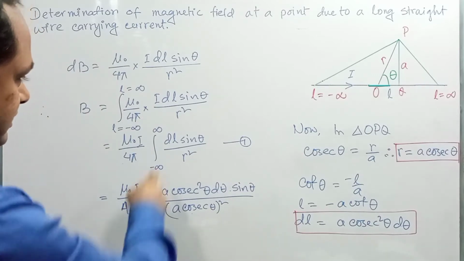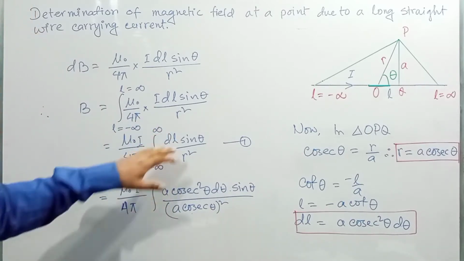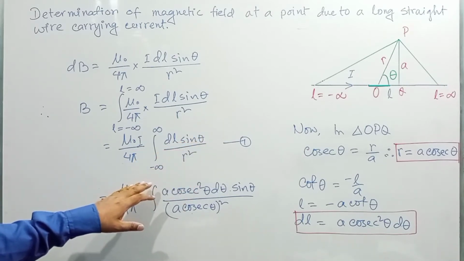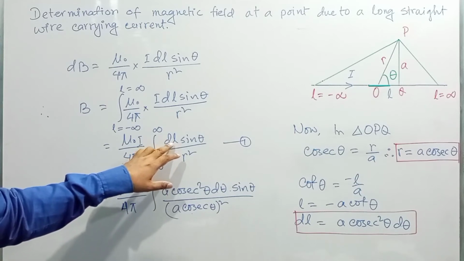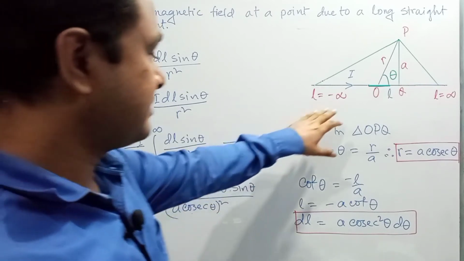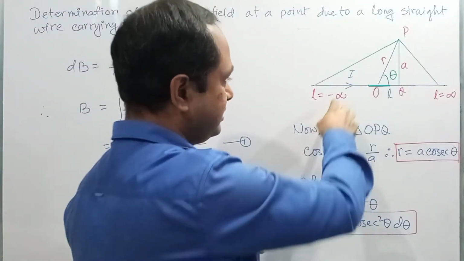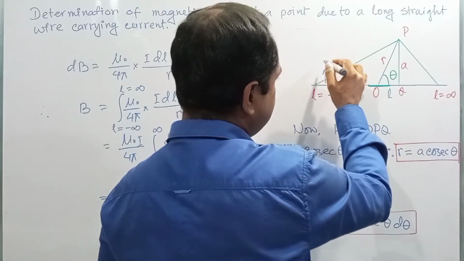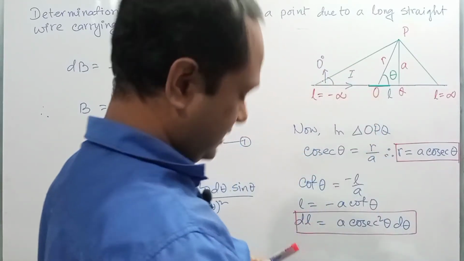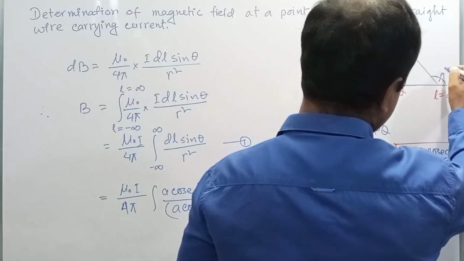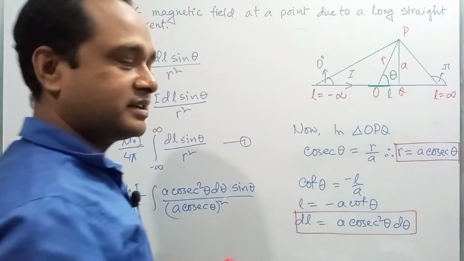Here we have to change the limit also, because in the previous expression the variable was dl, but here the variable is theta. When the length is minus infinity, theta will be 0 degree, and when L is plus infinity, theta will be pi radian or 180 degree.